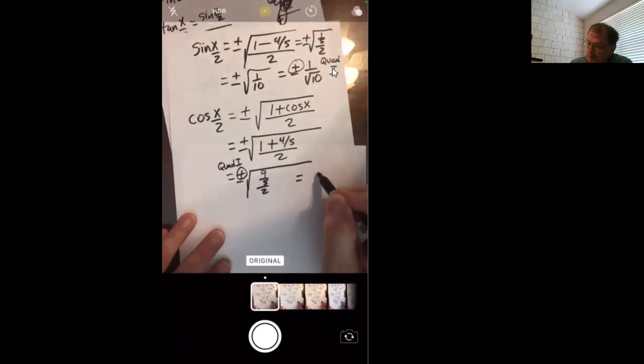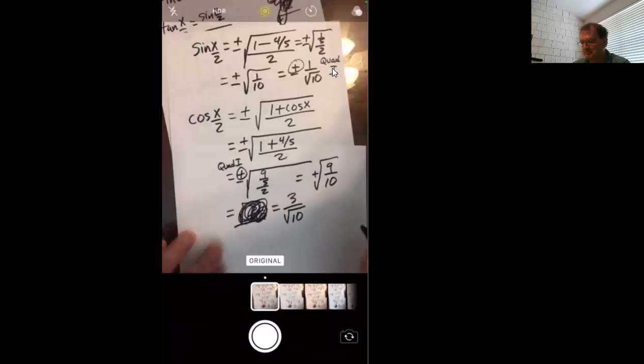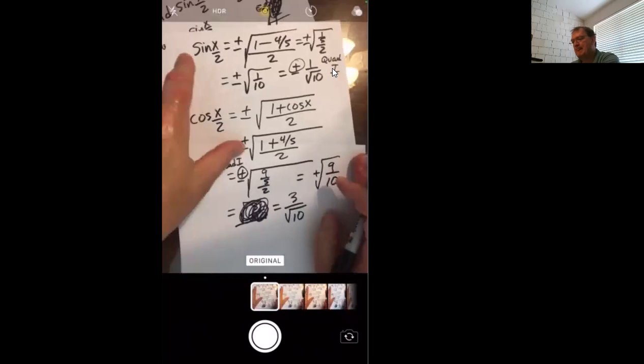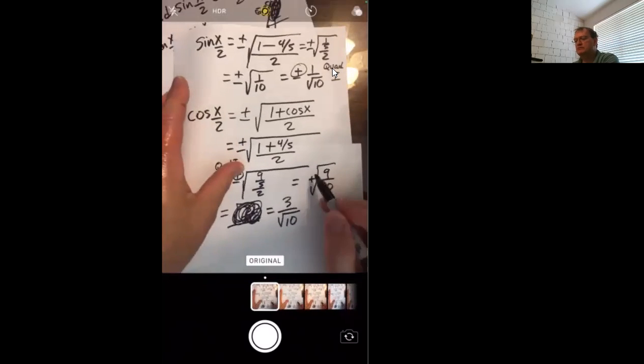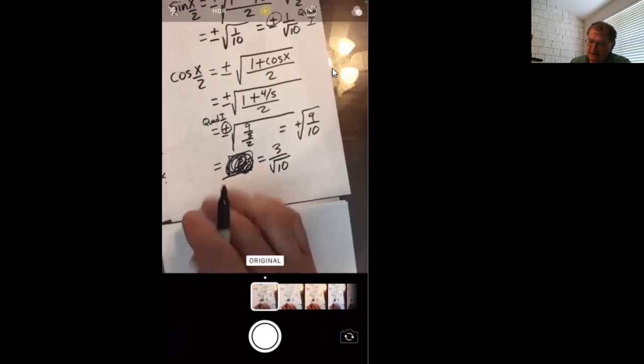That'll be plus the square root of 9/10, which will be the square root of 3/10. It will be 3 over the square root of 10. The square root of 9 is 3, out of the root. Root 10 stays underneath.